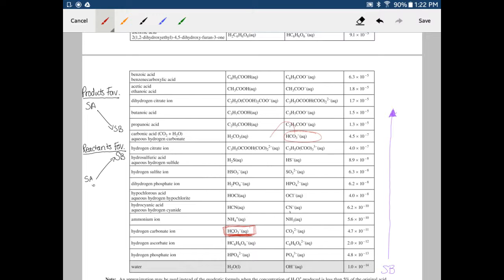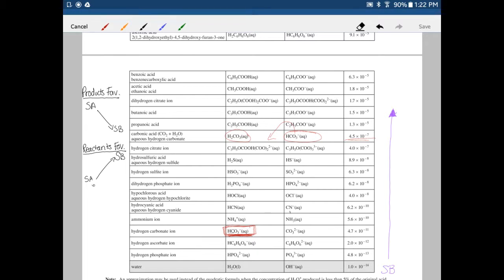Now my conjugate acid is this guy here. Notice it's also the product of what we formed on the previous slide, what we formed from our reaction. So my Ka is this value here of 4.5 times 10 to the negative 7.